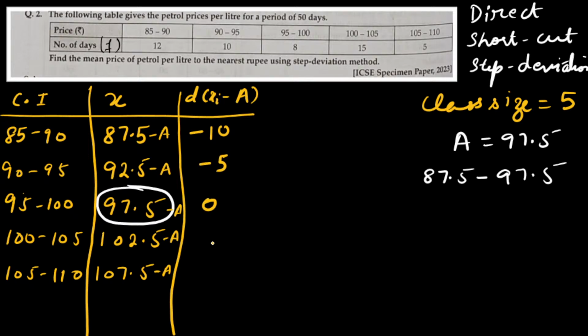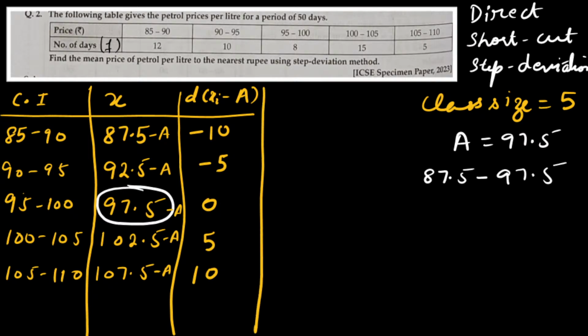Here you will get 0, and here you will get 5 and 10. Whatever negatives you are getting, the same positives you will get. You can remember that as a hint. With this difference only, so minus 10, minus 5, then 0, 5, 10.